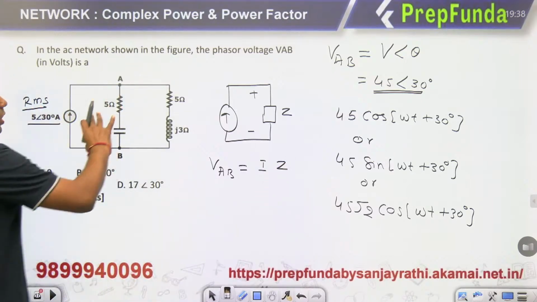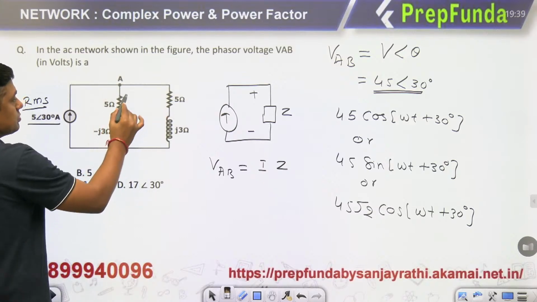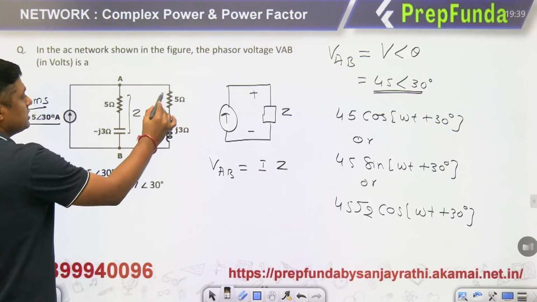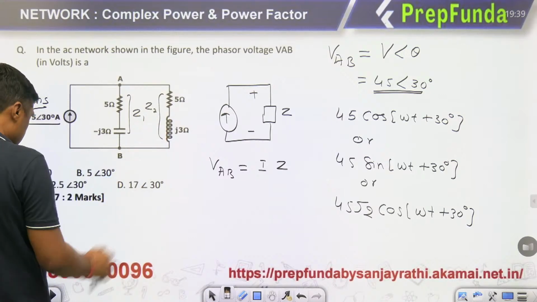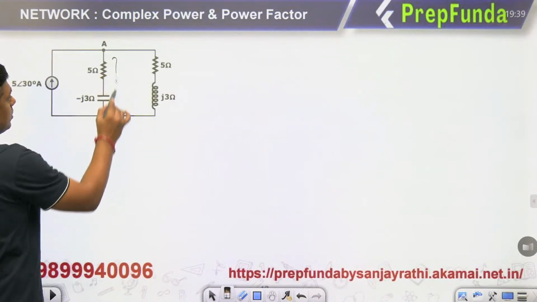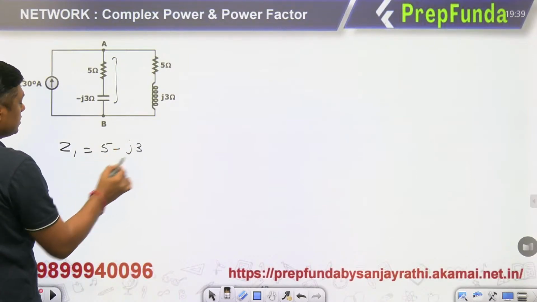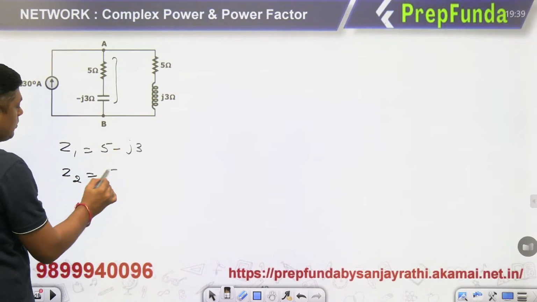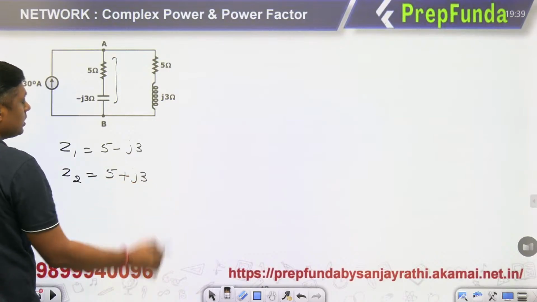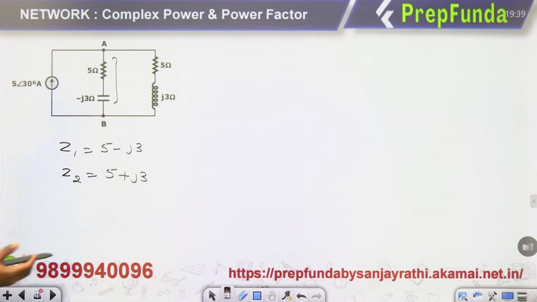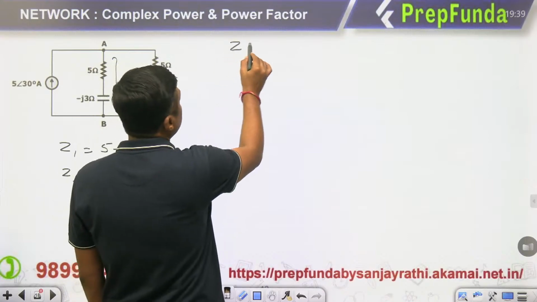Then these two are in parallel, guys. This will become Z1 and this will become Z2. These two are in parallel. Z1 will become 5 minus J3. Z2 will become 5 plus J3. They are in parallel. So parallel, what is the Z equivalent?